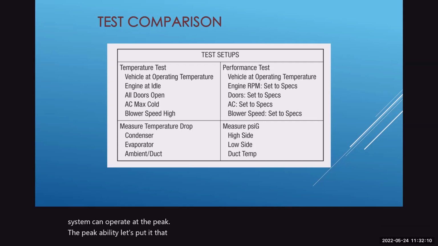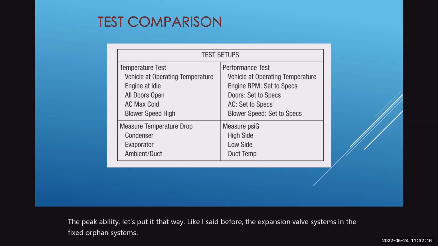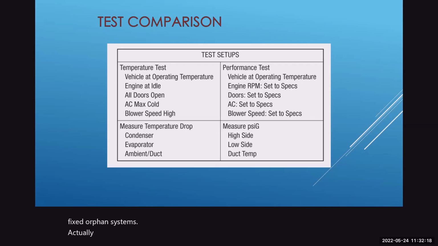Like I said before, the expansion valve systems and the fixed orifice systems actually have differences in how they're constructed, and also they have different possibilities. Let's put it that way.